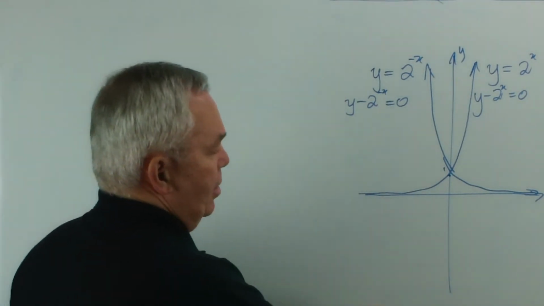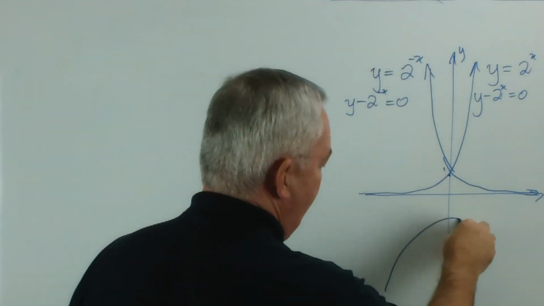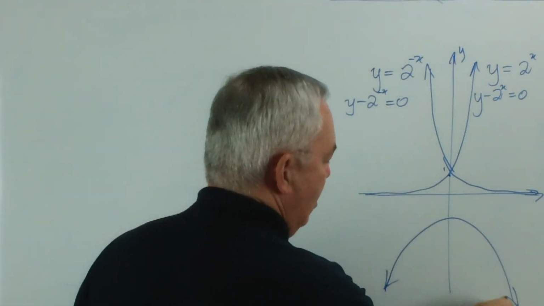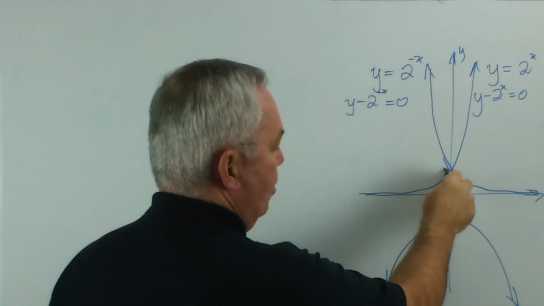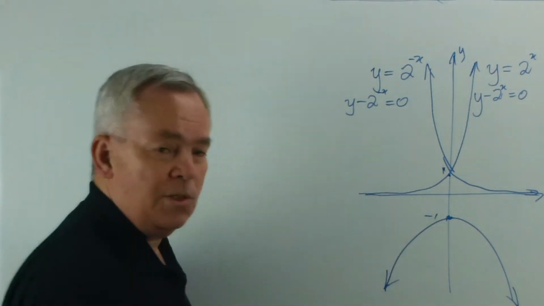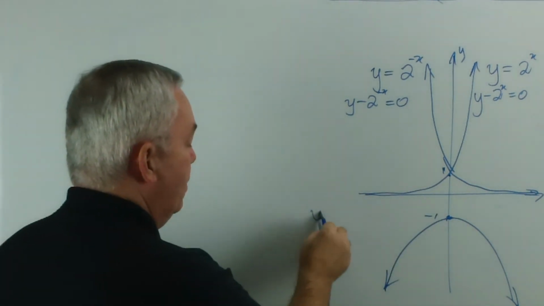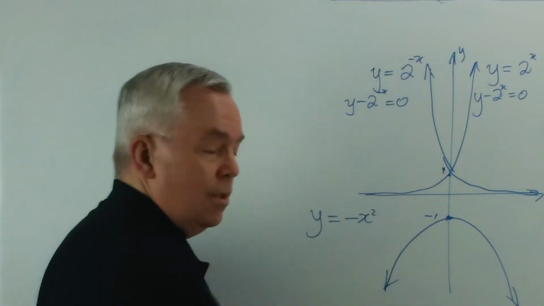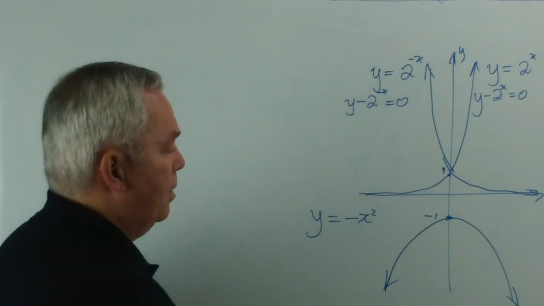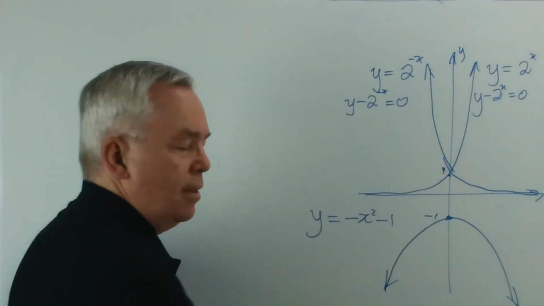And let's just make this look interesting with a frowny face, with a parabola doing that, and let's say it passes through, well that's through plus 1, so let's make this go through minus 1. What does an upside down parabola look like? Well, minus x squared would do the job, but we want to shift it 1 unit down, so we do that.